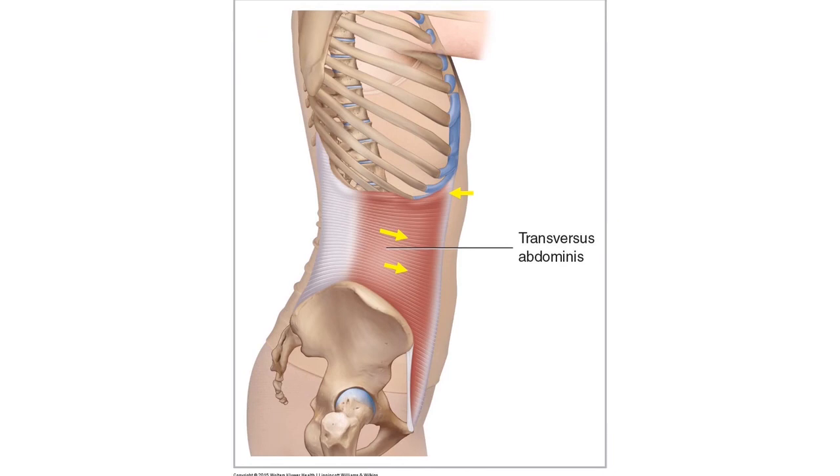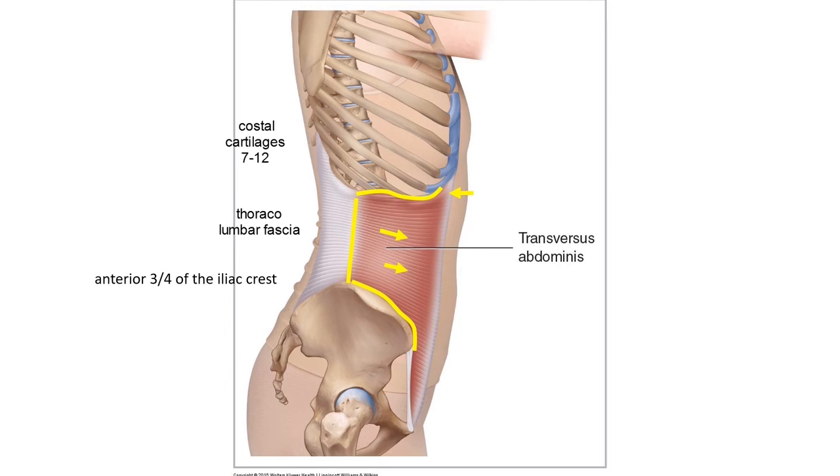If we look at this muscle, which is the deepest of the three in the anterior abdominal wall, it is coming from the lower ribs and the dorsal lumbar fascia, and then the anterior 3/4 of the iliac crest, and then the lateral 1/3 of the inguinal ligament made by the external oblique muscle, and it also has attachment with the xiphoid process, and then it goes and joins the linea alba.